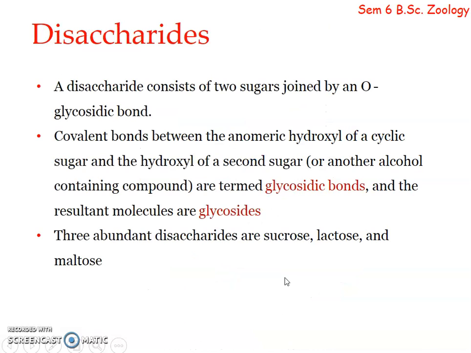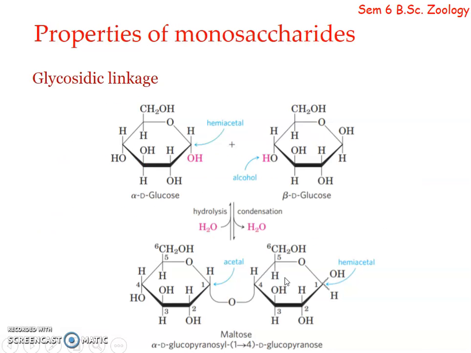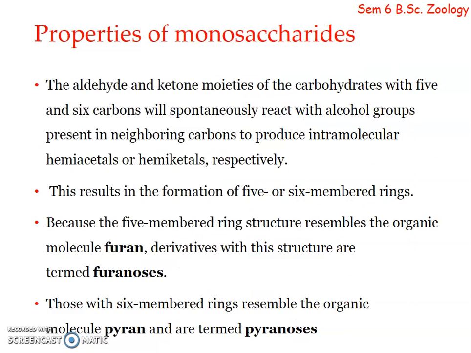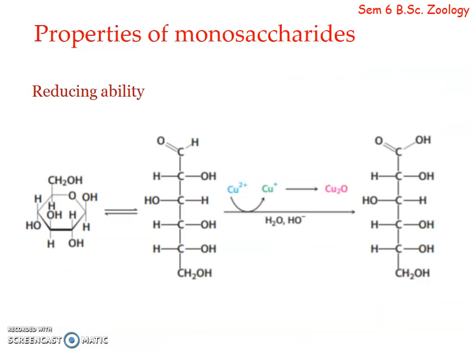Here, what happens during the glycosidic bond? When we discussed the reducing ability of a sugar, we were discussing the reducing ability of an open chain form. I hope you remember. Whether it is the open chain form or the cyclized form, it is the first carbon which reduces the cupric into cuprous.